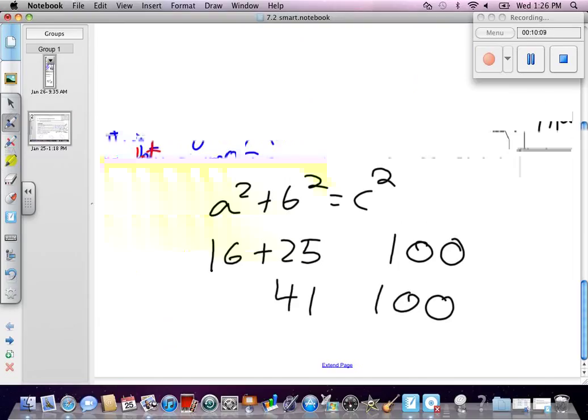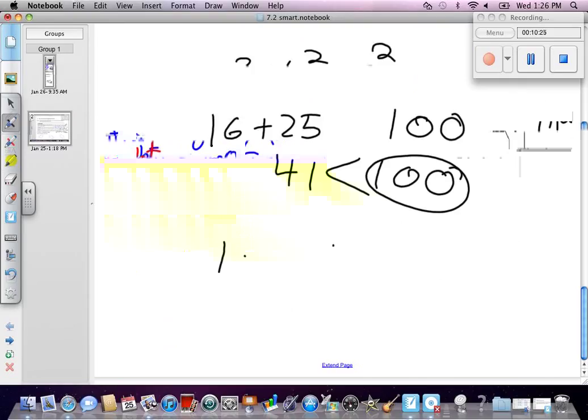The alligator's eating the 100, right? So I have to look back. Where did I put my hypotenuse? Right. Is the alligator eating the hypotenuse? Yeah. So what is it? Obtuse.